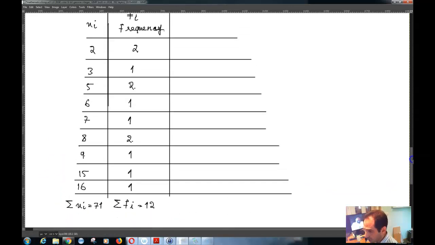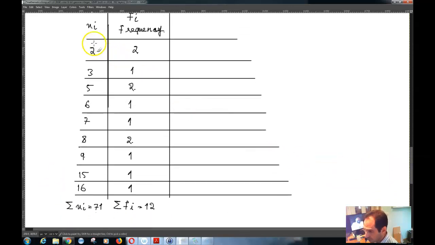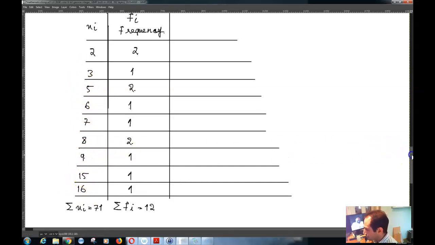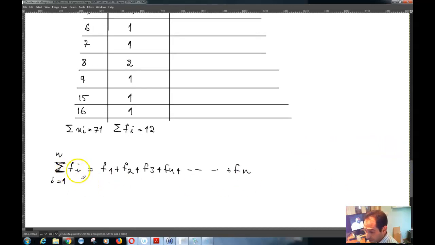And you can imagine that, for example, you can call this x of 1, x of 2, x of 3, x of 4, x of 5, 6, and all the way up to here, whatever that might be. So when you write sigma f of i as i goes from 1 to n, that means f1, f2, and all the way up to f of n, and that in this case is equal to 12.